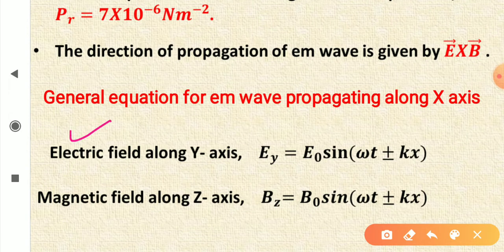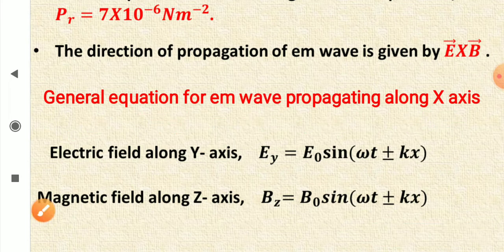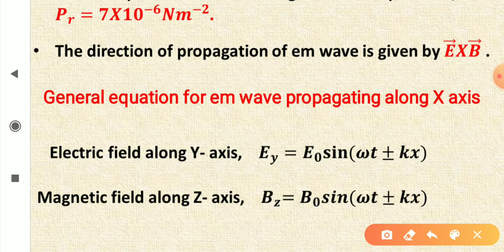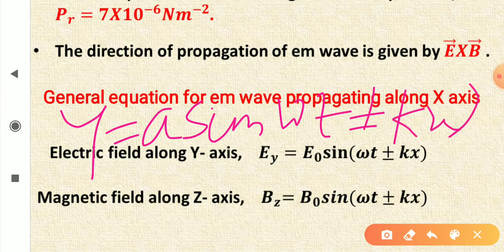If we are considering the wave propagating along x-axis, then if you remember wave equation, y is equal to a sine omega t plus minus kx.